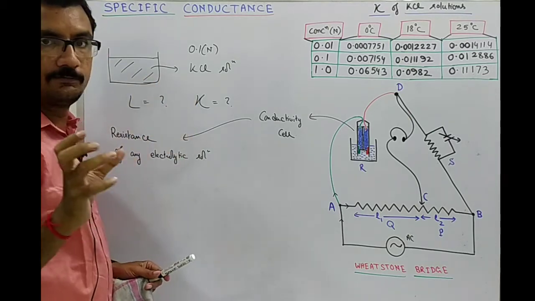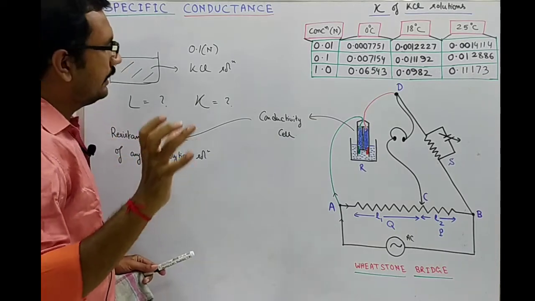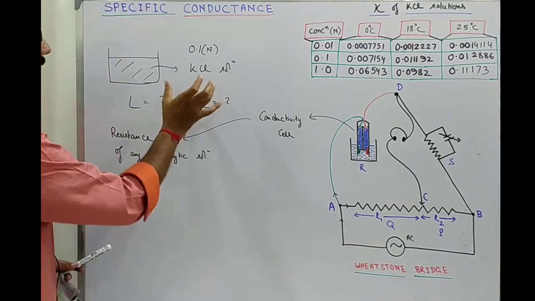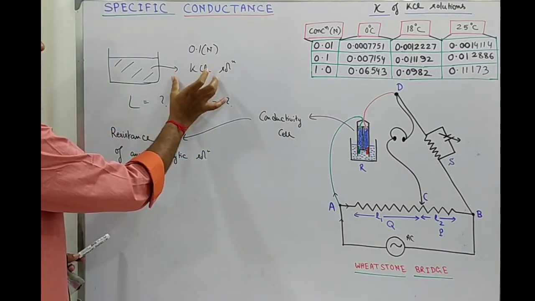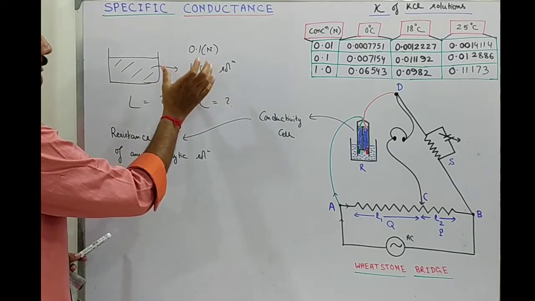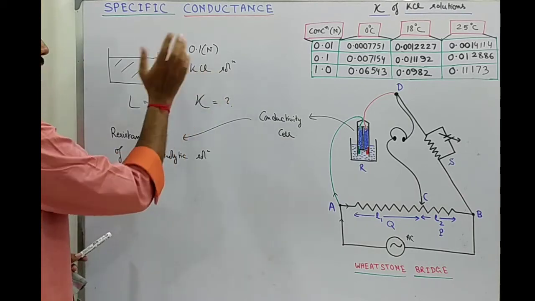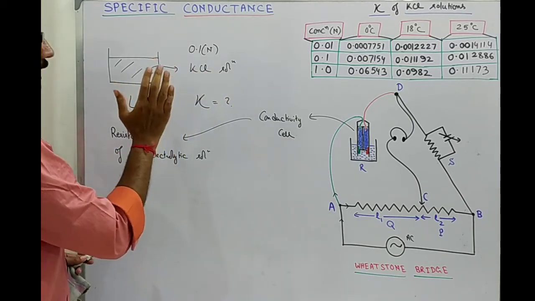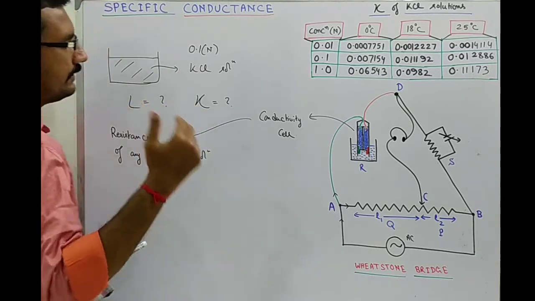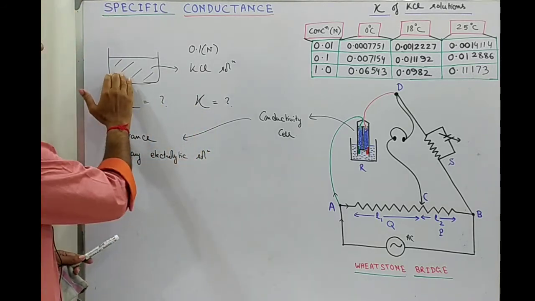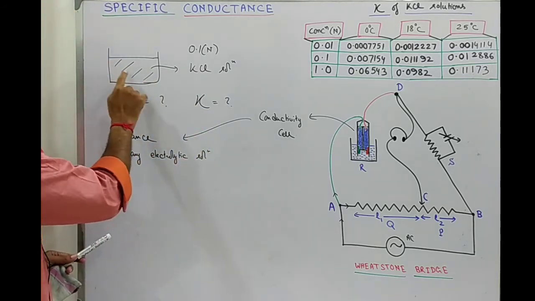So, what is the problem? The problem is someone has given you an aqueous solution of an electrolyte having known concentration, and he or she is eager to know the conductance and specific conductance of that solution.